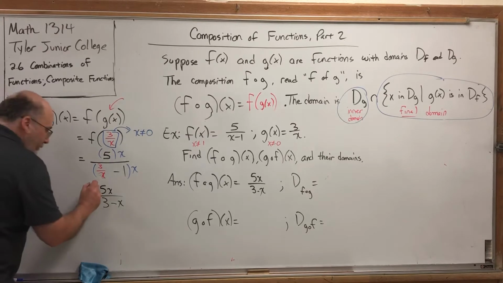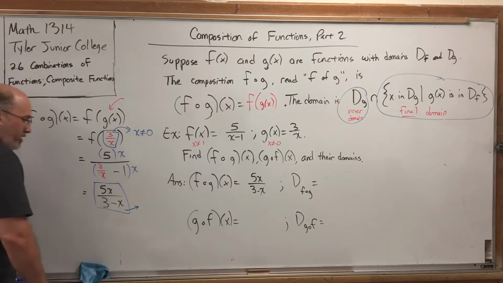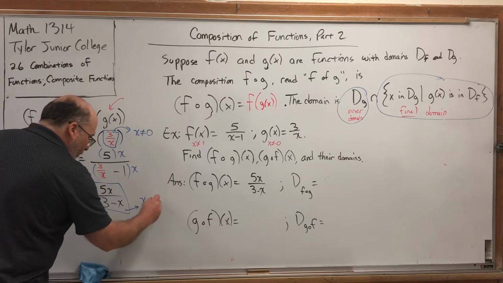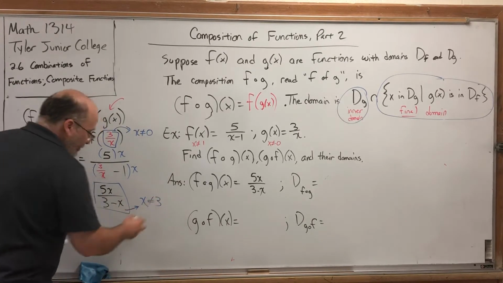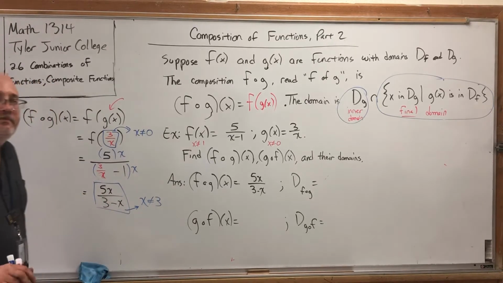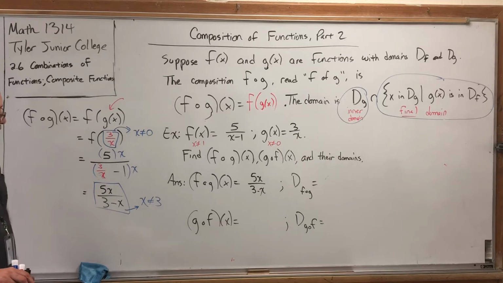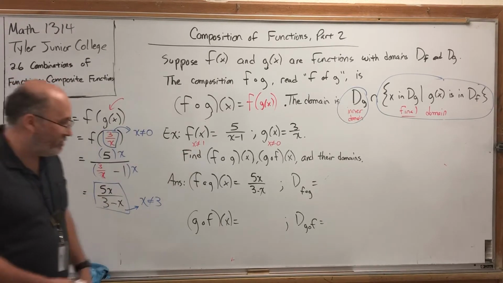But look at the final function that the x has to get past. It has a denominator. And according to this function's denominator, what can x not be equal to? Or equivalently, what will make 3 minus x equal to 0? 3. If you'll notice, 3 was not an original exclusion. 0 was, and 1 was an original exclusion, but now it's not excluded.